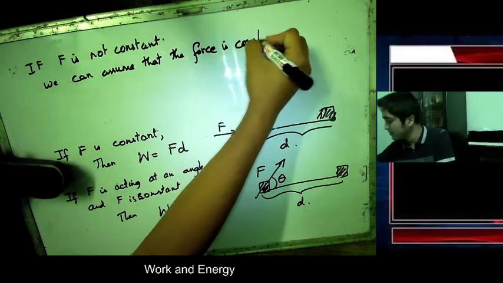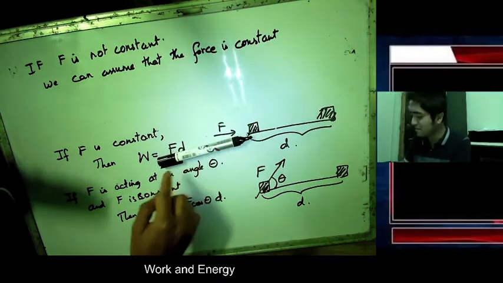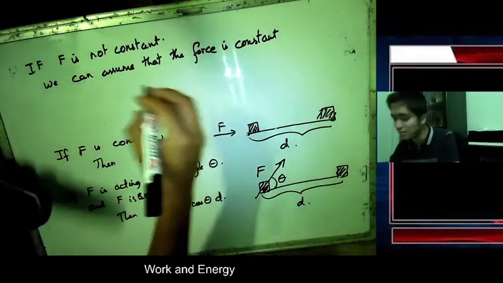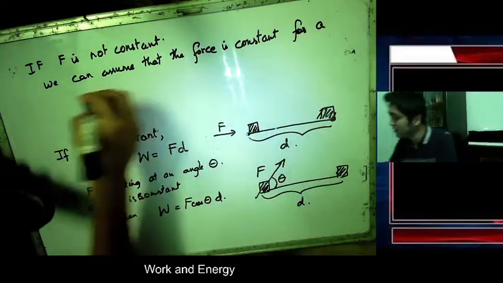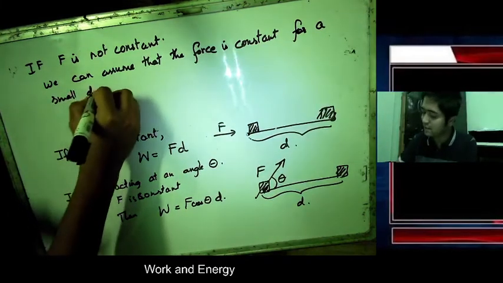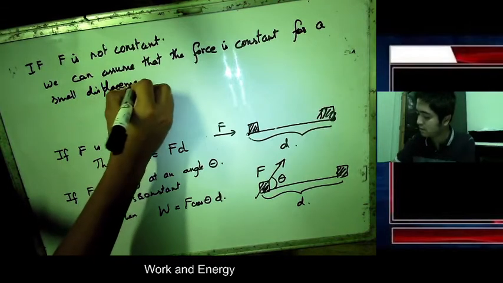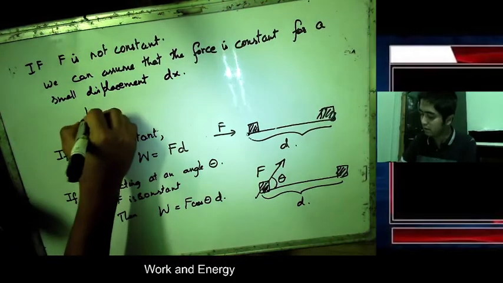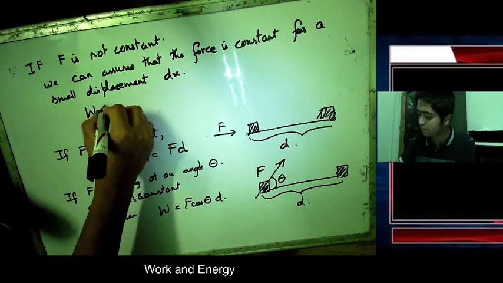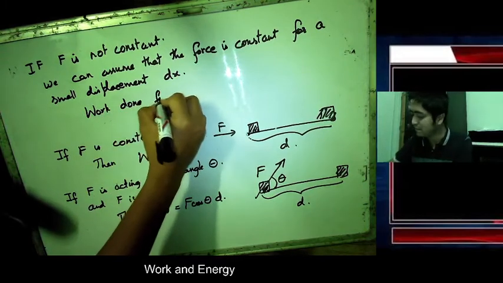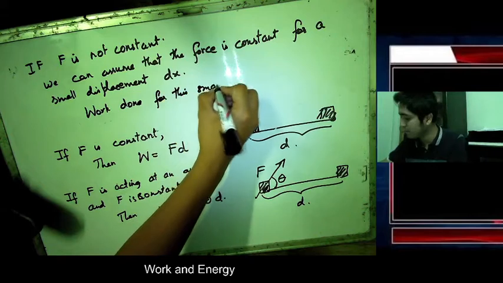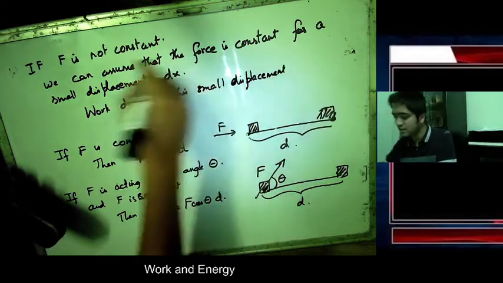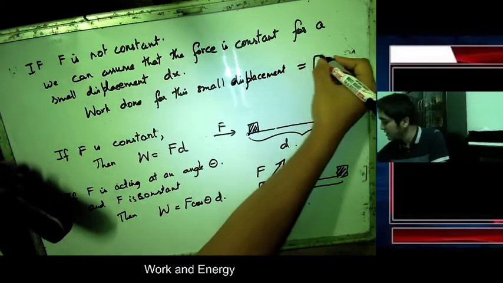It doesn't change much if I vary the distance only a bit, so I can assume that the force is constant for a small displacement dx. Then the work done for this small displacement, because it is assumed to be constant, we can write as F dx.